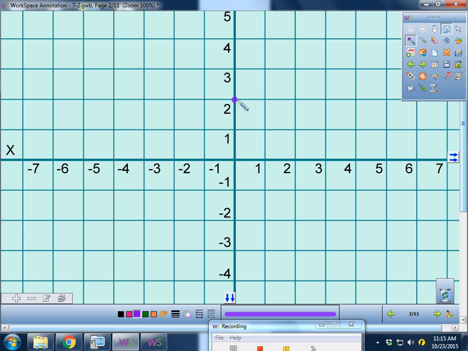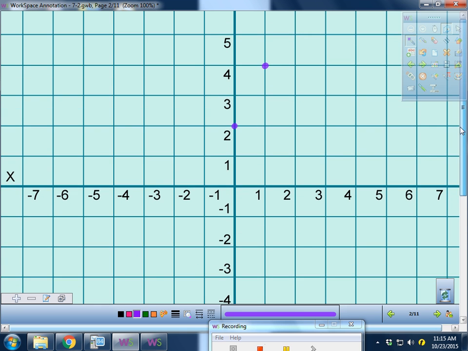The next point was 1, 4. Next point was 2, 5. Then I had 4, 6, which is going to be about right there. And I actually don't have room on my graph to put the 8, 7, so we're going to leave it off.